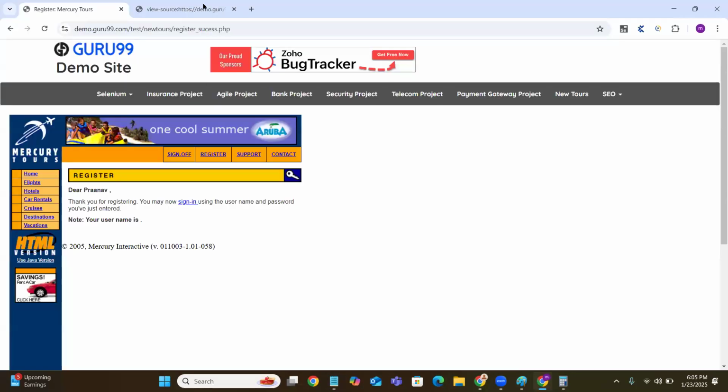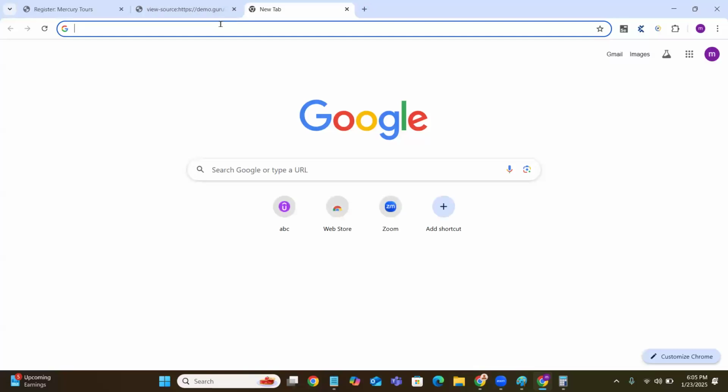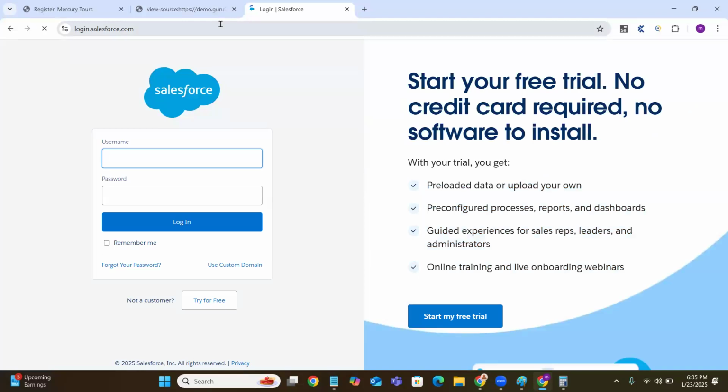Now I will show one application which is live, the Salesforce application. Without entering the username, I enter only the password value.